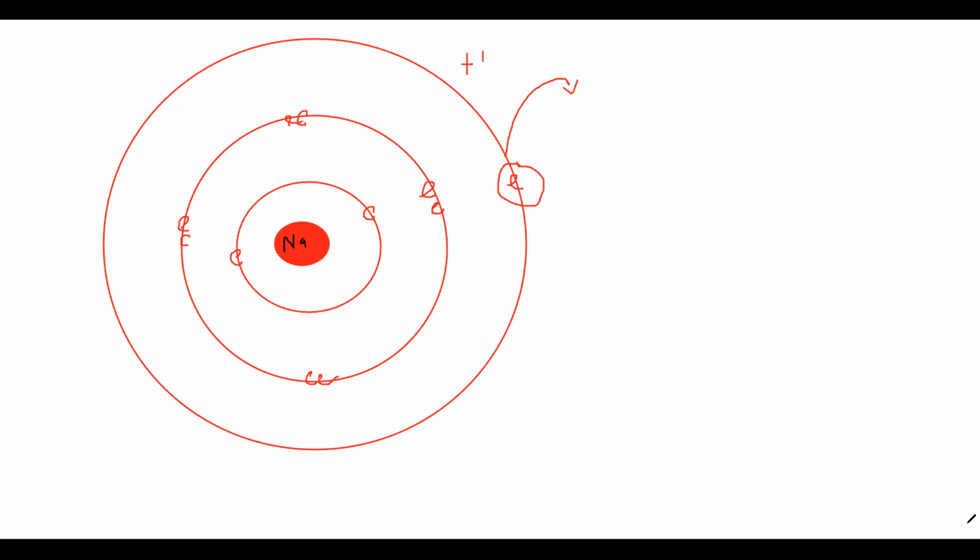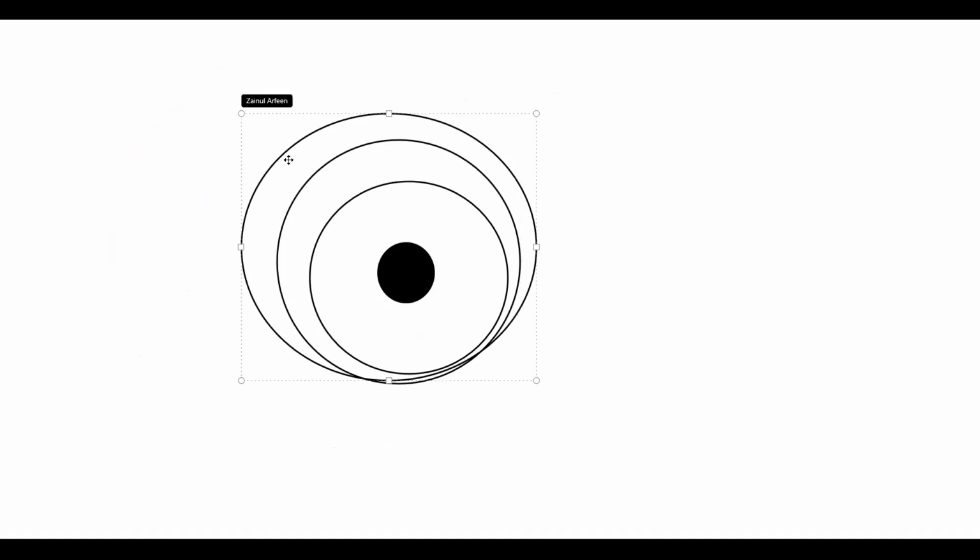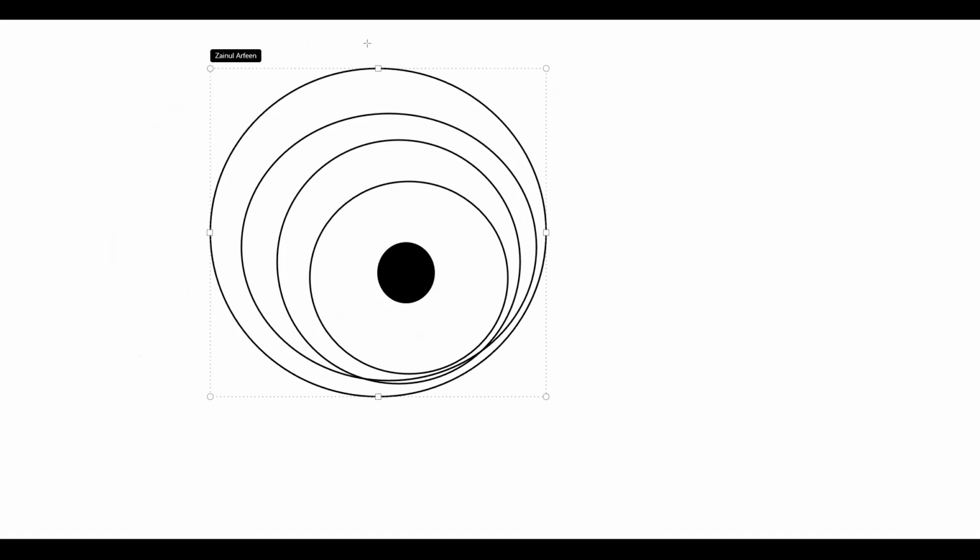But what about transition metals or transition elements? Because their shells are actually overlapping with each other. When I use the term overlapping, it means they're very close to each other. So as the shells are overlapping, what happened?